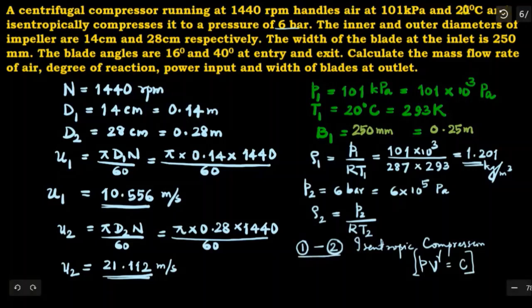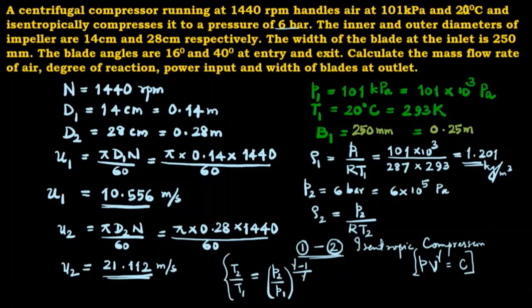We know this very well, so I don't want to derive it, but the relation is, since you need to find the temperature, T2 by T1 is equal to P2 by P1 raised to gamma minus 1 by gamma. This is the relation connecting the pressure ratio and temperature ratio in an isentropic process. Gamma for air is 1.4.